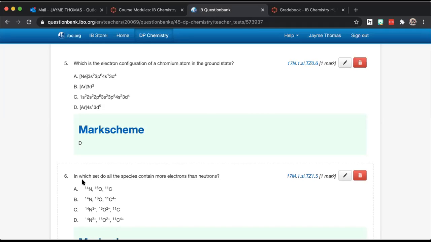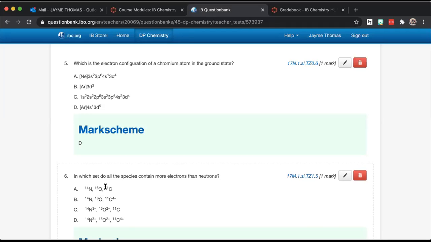So again, for the neutrons, the nitrogens are 7, the oxygens are 8, the carbons are 5, and that's just from subtracting mass number minus the atomic number, okay? For the electrons, on answer choice A, they're all going to be the same as the protons. So for this one, there'd be 7, 8, and 5. So on that, 7, 8, and 6.